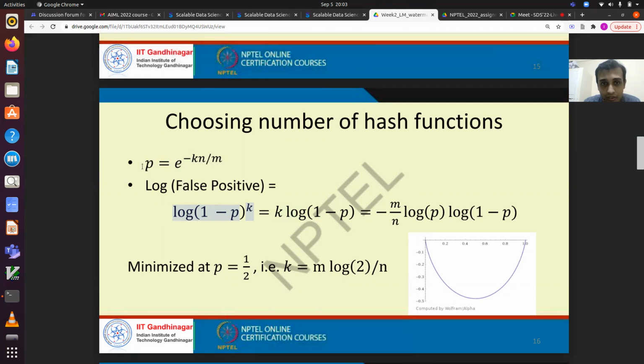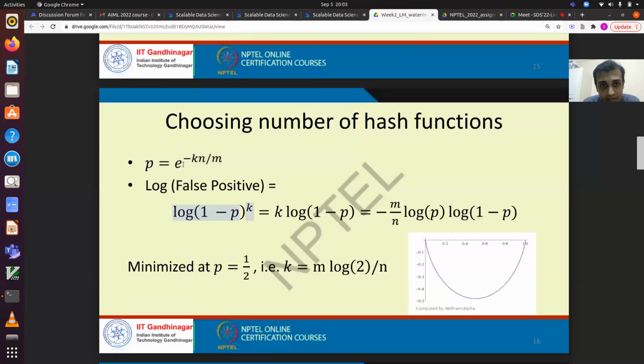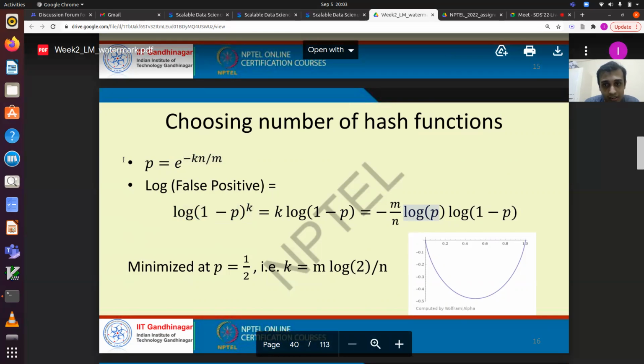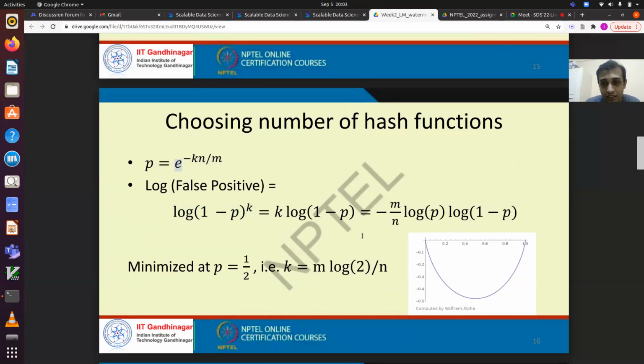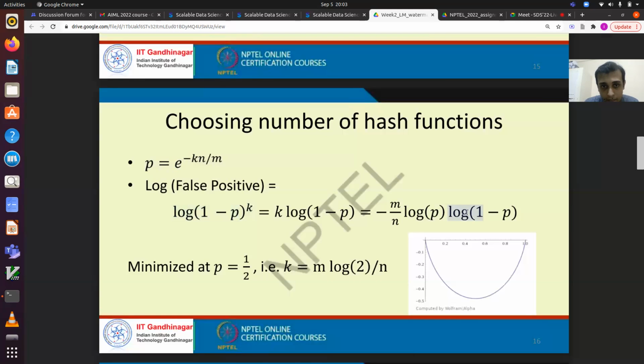If you take ln of e to the power something, that will give you just this minus k n by m. And you have ln p on this side. So if you change sides, you will get this formula. Because this exponent is not existing anymore, that tells us we have assumed ln everywhere, wherever log is written.